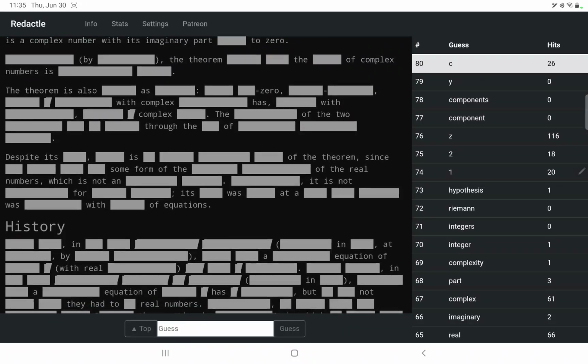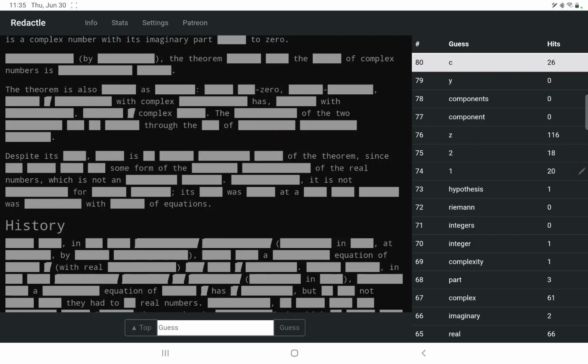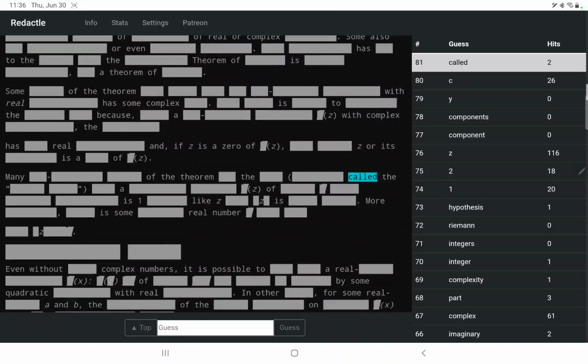What is that 3-letter word hyphenated with 0? Could be some Greek letter. Let's try cold, 2 colds. Many something something of the theorem.